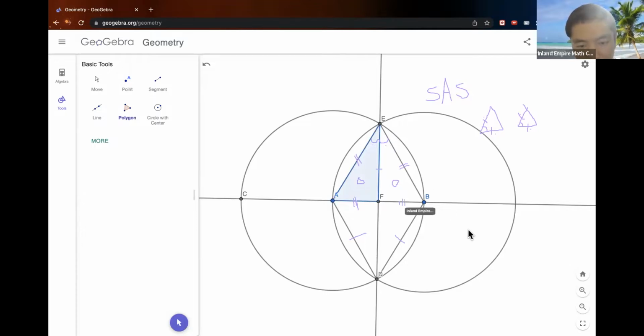And moreover, the angle is a right angle because AFE is equal to EFB. So they split a straight angle, which means each one of them is a 90-degree angle, a right angle. And therefore we have proved that ED is indeed the perpendicular bisector of line AB. Does that make sense to everyone? Are there any questions?